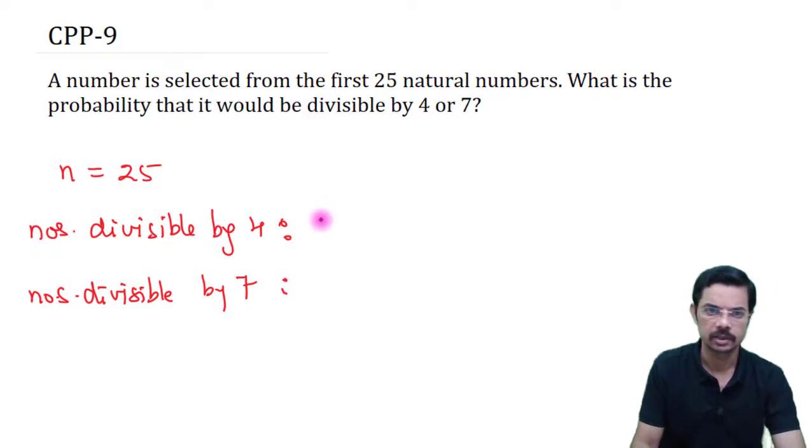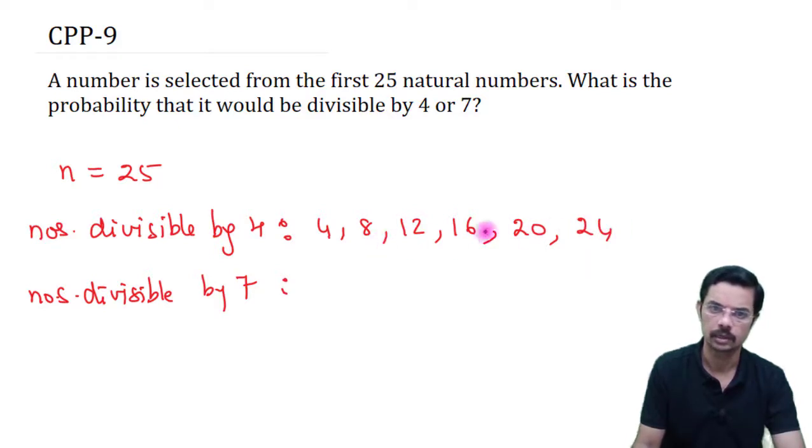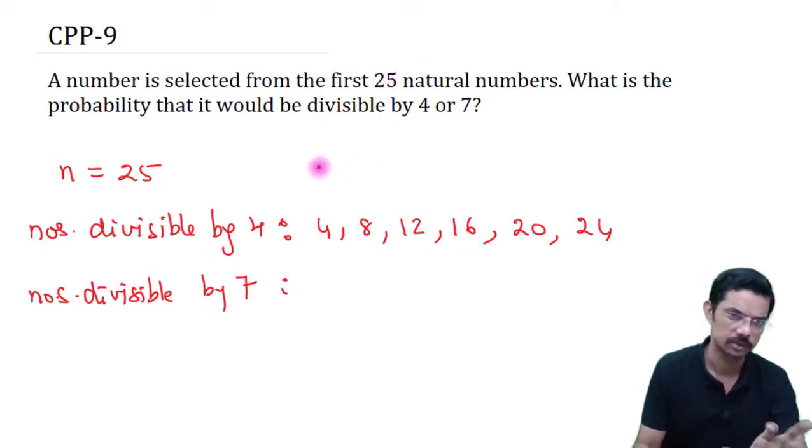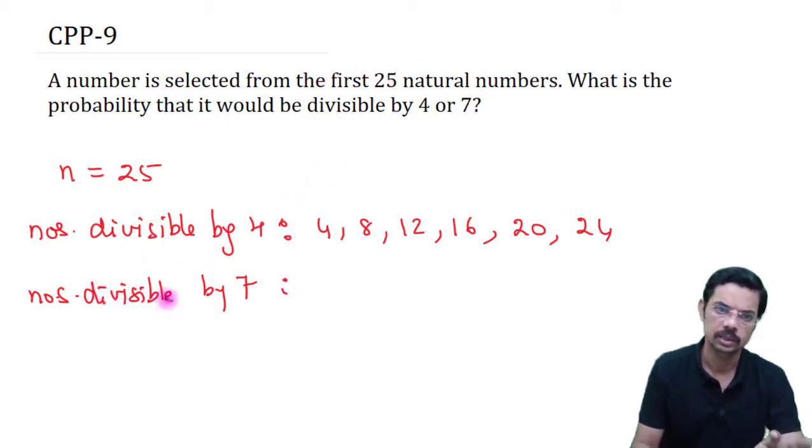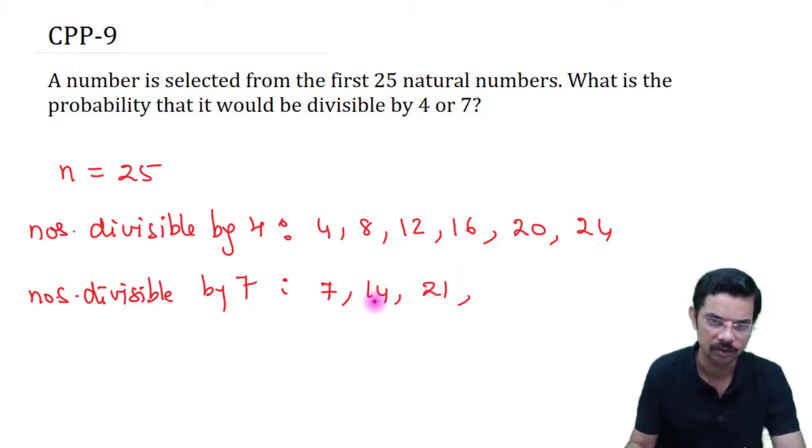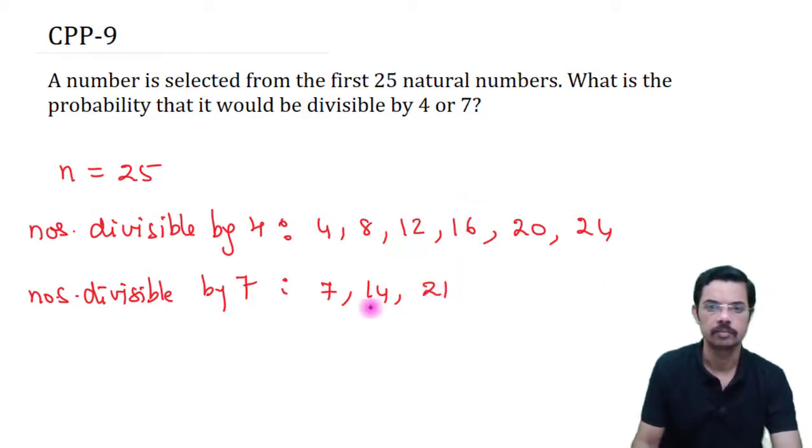So that will be 4, 4 2s are 8, 4 3s are 12, 4 4s are 16, 4 5s are 20, and then 24. These are the only numbers which are divisible by 4 among the first 25 natural numbers. Now, which are the numbers which are divisible by 7? 7 1s are 7, 7 2s are 14, 7 3s are 21, 7 4s are 28, which is not there. So only 3 of them are there.